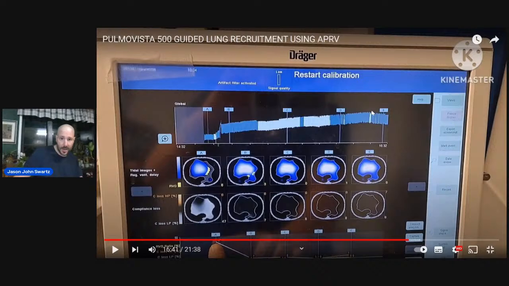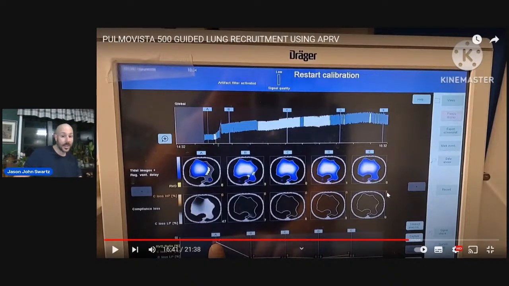But then I started to want to return it, like, can I get away with 28 or 26? And at 28, we already see it's going downwards, and we see the first hint of over distension. Not over distension, we see the first hint of compliance loss, okay?